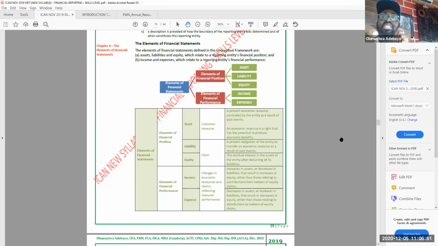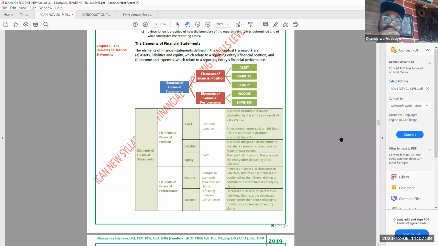Regardless of it, everybody that put money somewhere expected the money back. That is why the standard, the conceptual framework define liability and equity as a claim. Okay, but claim on what is what makes the difference.